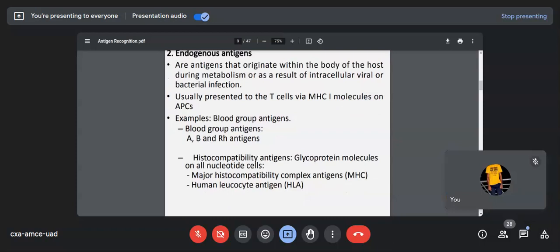The macrophage will come and get that particular cell and phagocytose it, but they won't present it on MHC class 2. They'll present that microbe on MHC class 1 molecule, so that they go and indicate to the T cell that this antigen I've brought to you did not come from outside. It's an antigen that came from within.